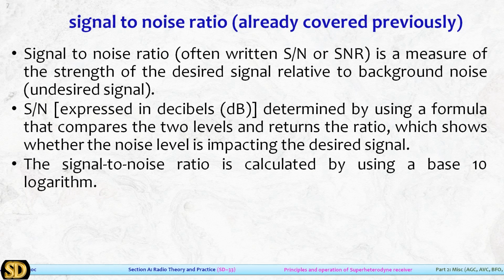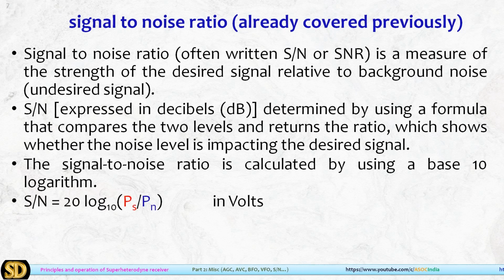The signal to noise ratio is calculated by using a base 10 logarithm. One thing to remember: if we have values in volt, millivolt or microvolt, then the signal to noise ratio is calculated as 20 log10 (Ps/Pn).